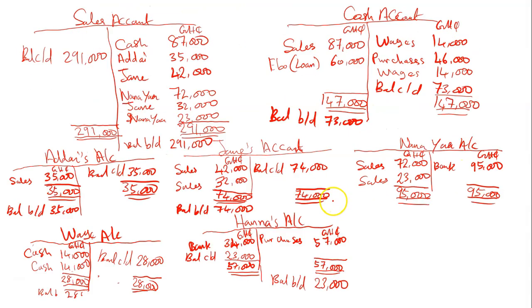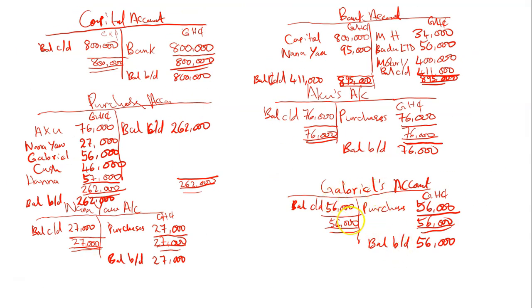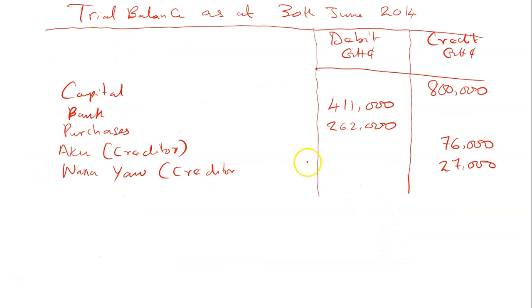Then the next person is Gabriel. Gabriel is also a creditor. He has a credit balance of 56,000. So Gabriel, 56,000, okay, also a creditor.